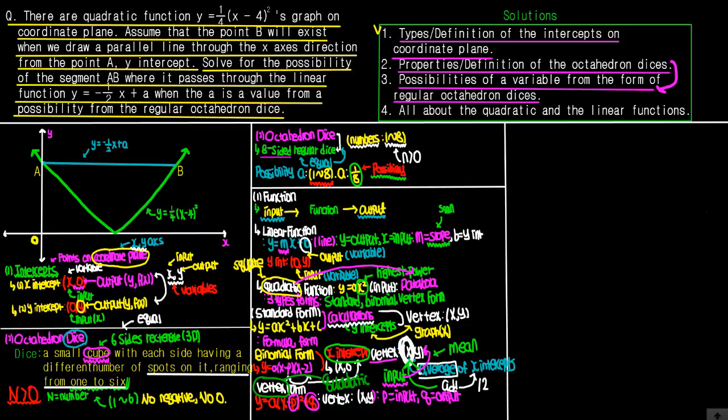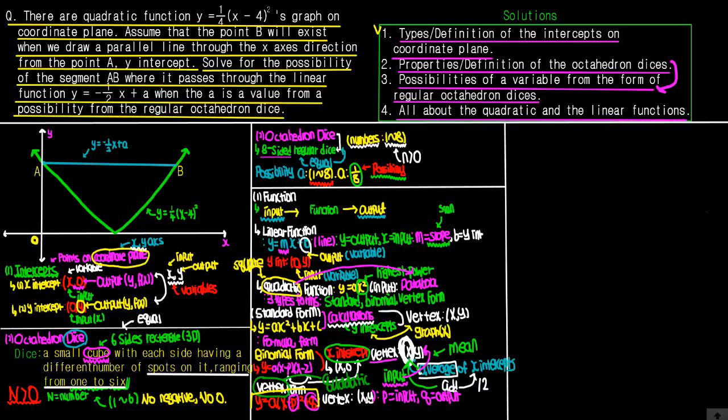That is one of the most important things about the vertex form that we can solve. Our vertex form is y is equal to a times x minus p squared plus q. So we basically talked about the last thing that we need to think about in order to solve for our equation, all about the quadratic and the linear function.